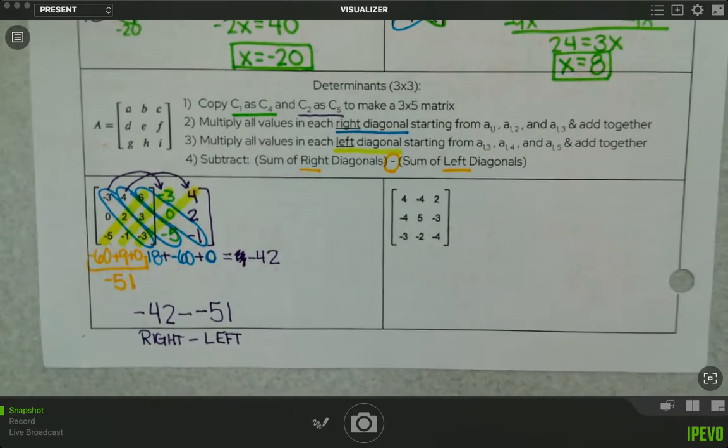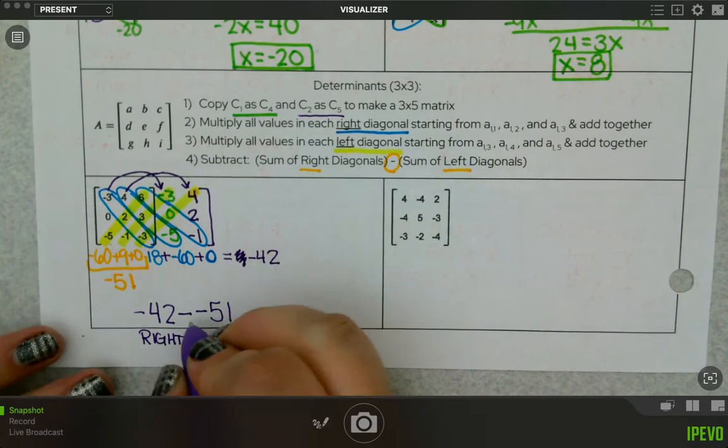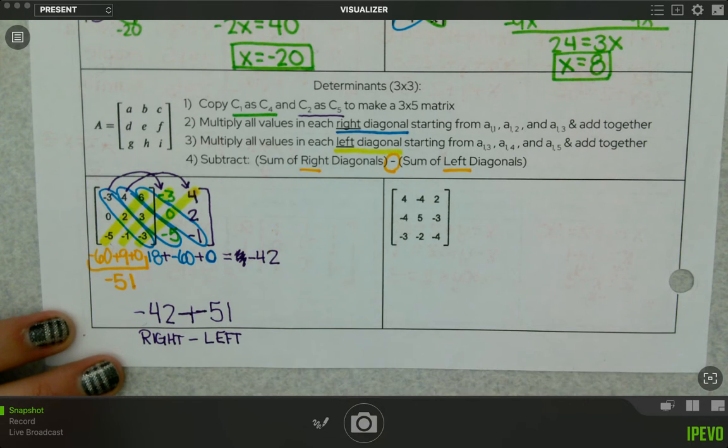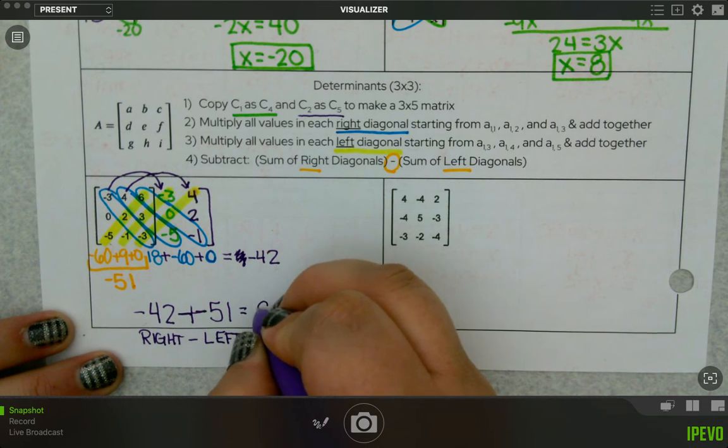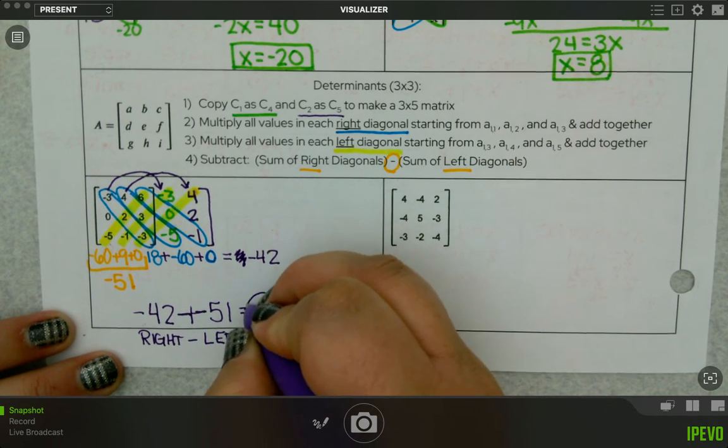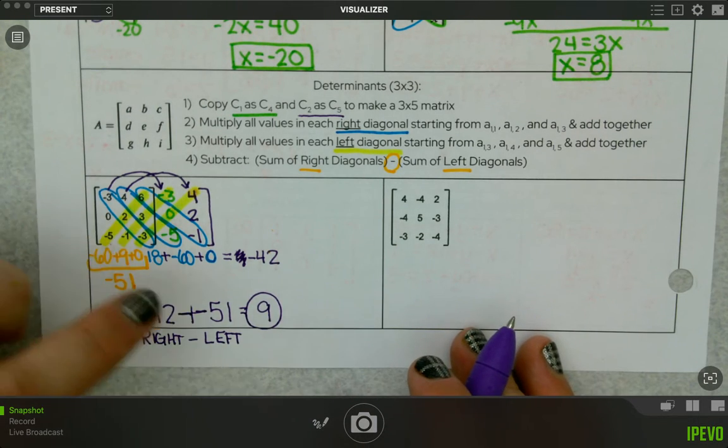Okay, so right minus left. And that turns into a big old plus. Negative 42 plus 51 is positive 9. So the determinant of this big bad boy was 9.